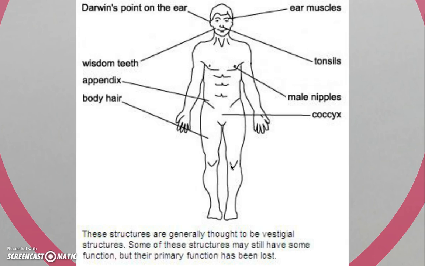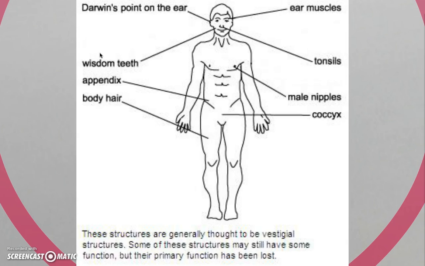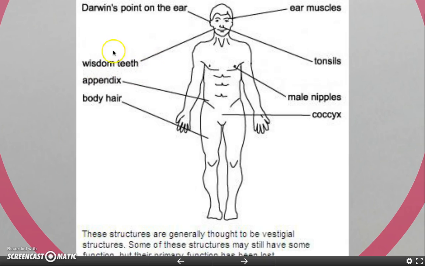Humans have lots of examples left over from evolution, whether it be muscles in the ear that originally had been used to allow us to hear in multiple directions, or wisdom teeth that are left over from a time when we had a much different diet than we do today. Nowadays, we don't need those teeth, and slowly but surely we are evolving away from them.